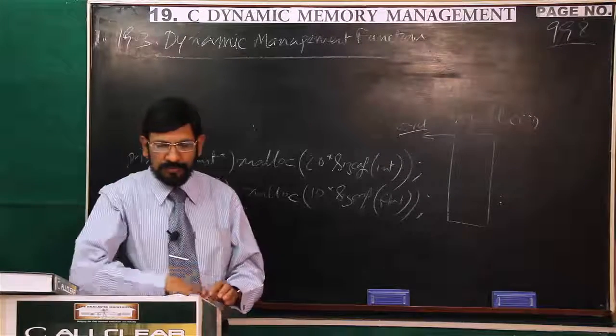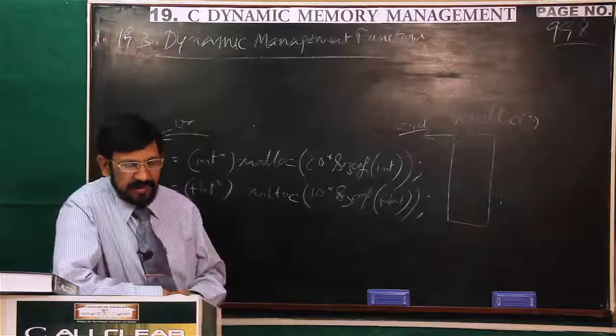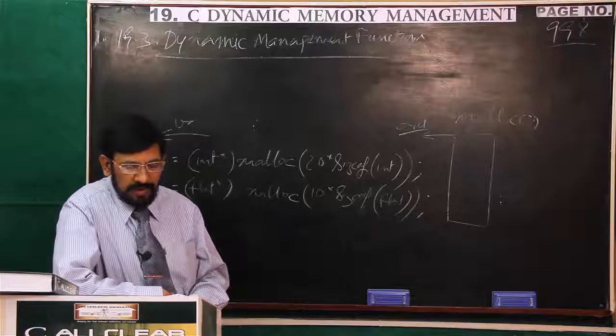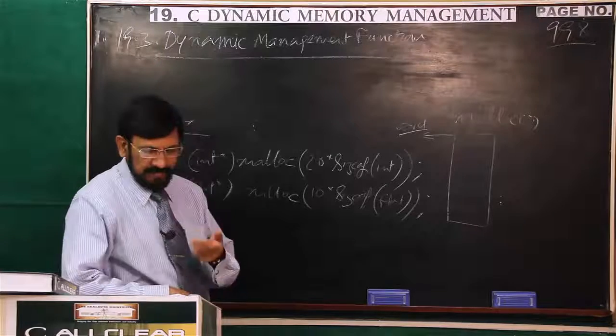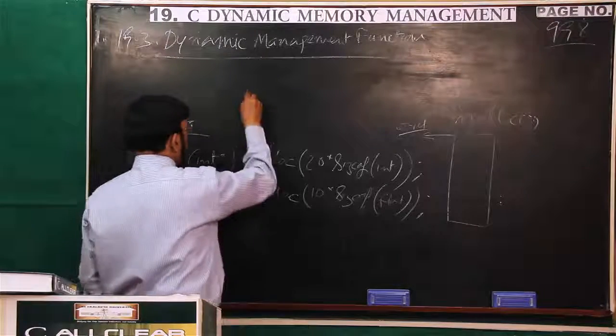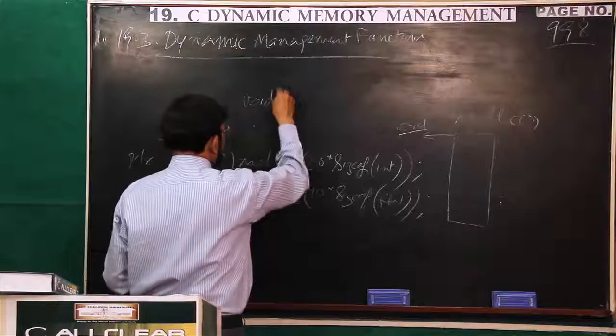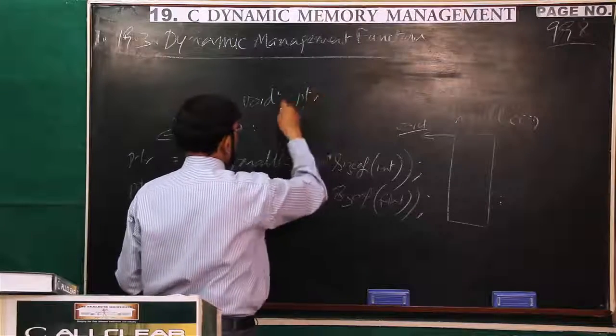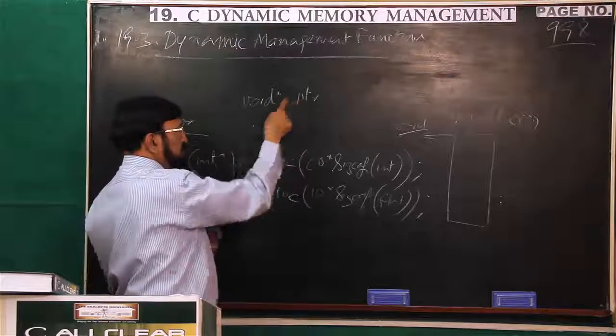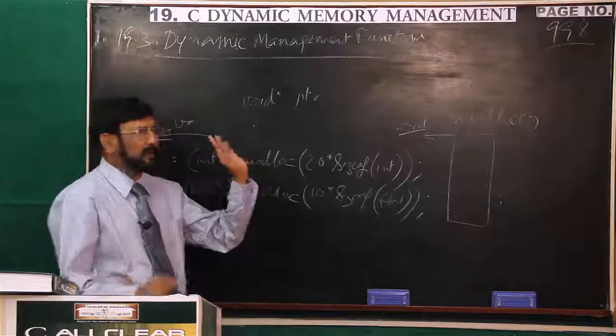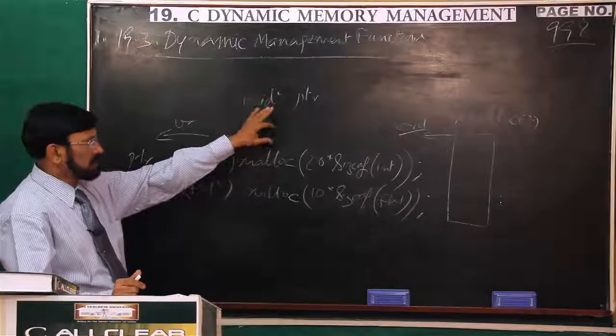So, in this program you see how we are making typecasting, 19.1. A void type pointer is there. If you write the notation like this, then it will be clear. Then ptr size is a void type pointer. Readability is good and concept-wise is also good.